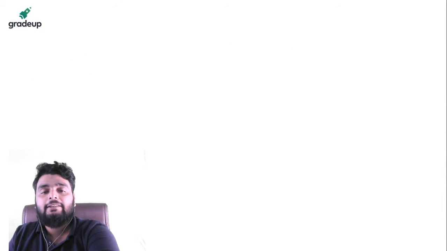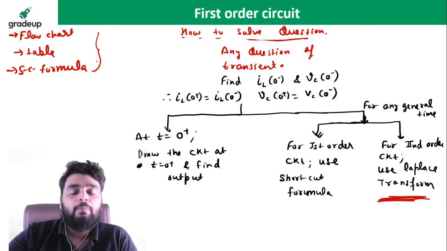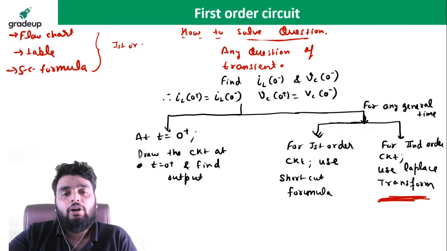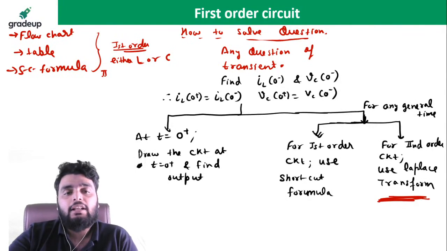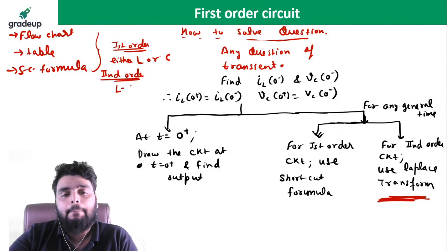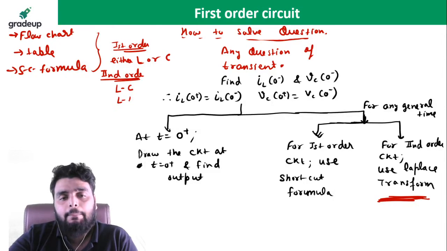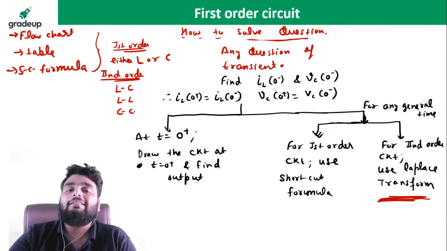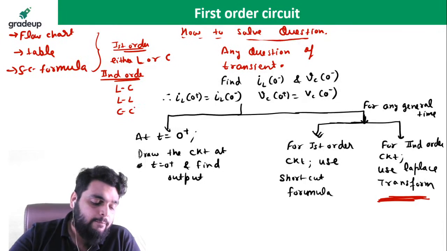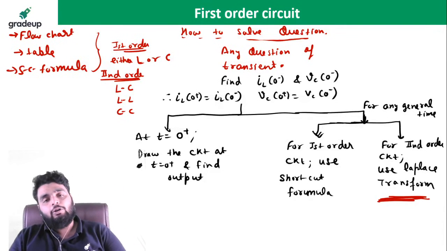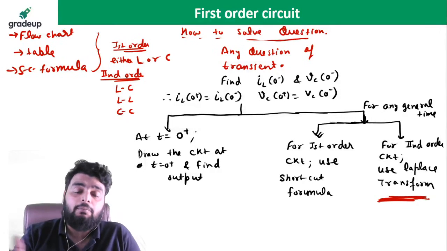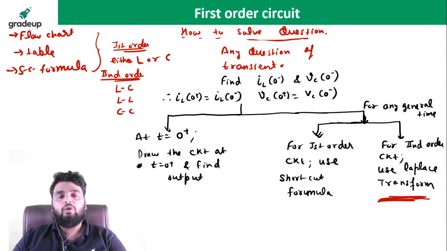I guess you didn't attend the class from 9 p.m. So beta, for a first order circuit, the network will contain either an inductor or a capacitor. For a second order circuit, a network can contain a pair of inductor and capacitor, or a pair of two inductors, or a pair of two capacitors. So in this way, you can identify whether a network is of first order or second order. But watch my lecture from the start, then you will be able to identify it. I explained these points half an hour ago.